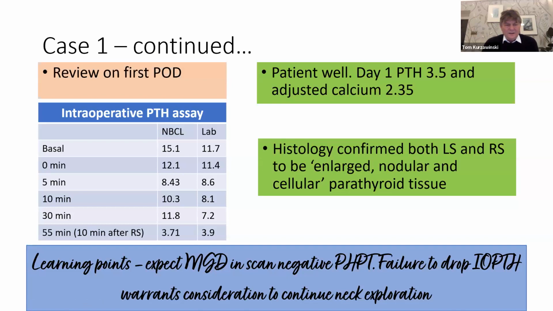So the way I teach that approach to bilateral exploration, you see all the glands before you start removing them, and then one by one. But obviously you found the way out of it, so the patient was not harmed. But I can't remember ever transplanting.